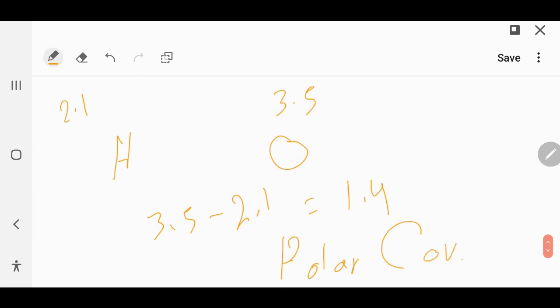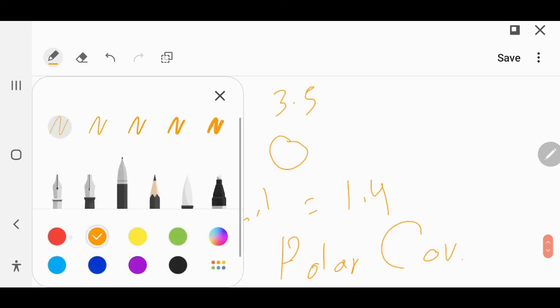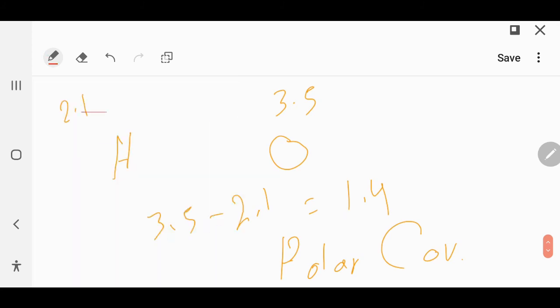covalent bond. But because electronegativity of oxygen is higher than electronegativity of hydrogen, it will be able to pull the electrons closer to the oxygen atom. So the electrons could be located here, closer to oxygen than hydrogen.